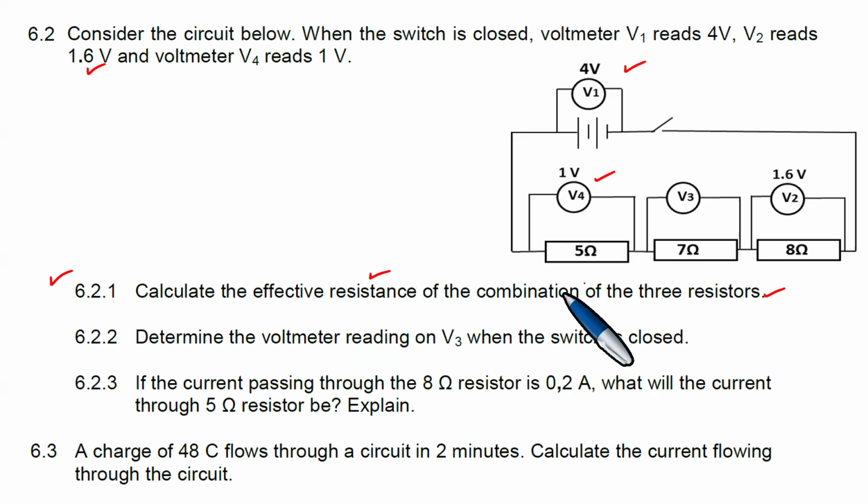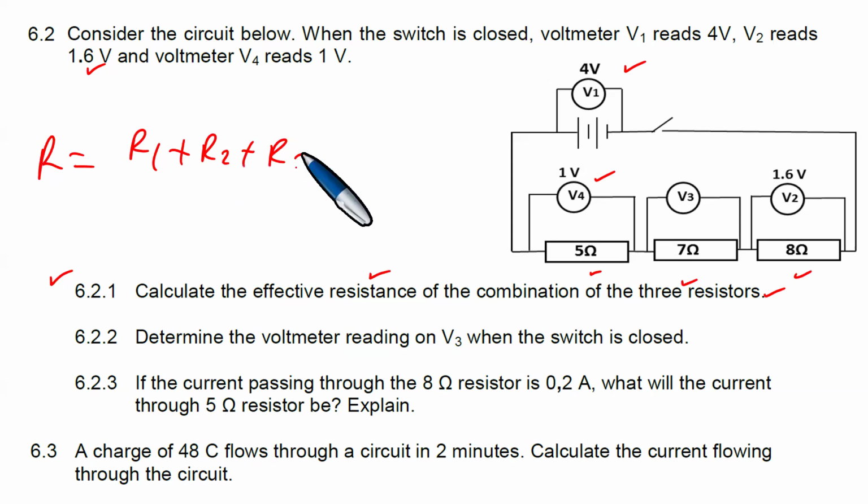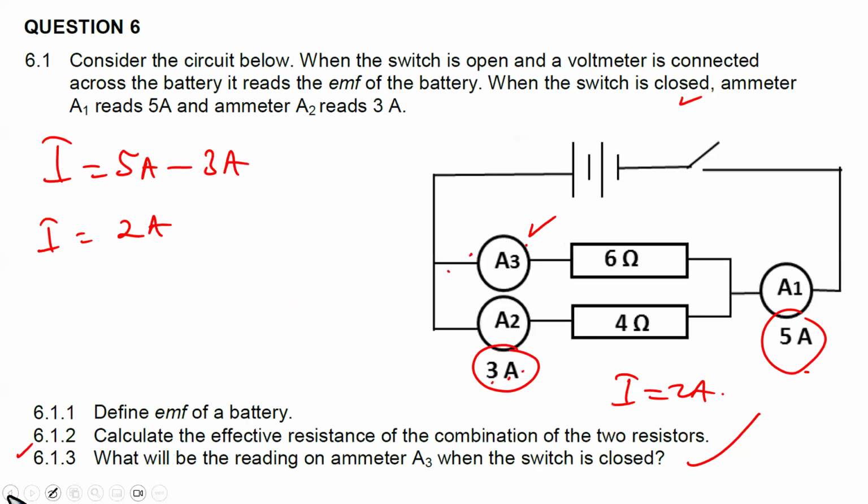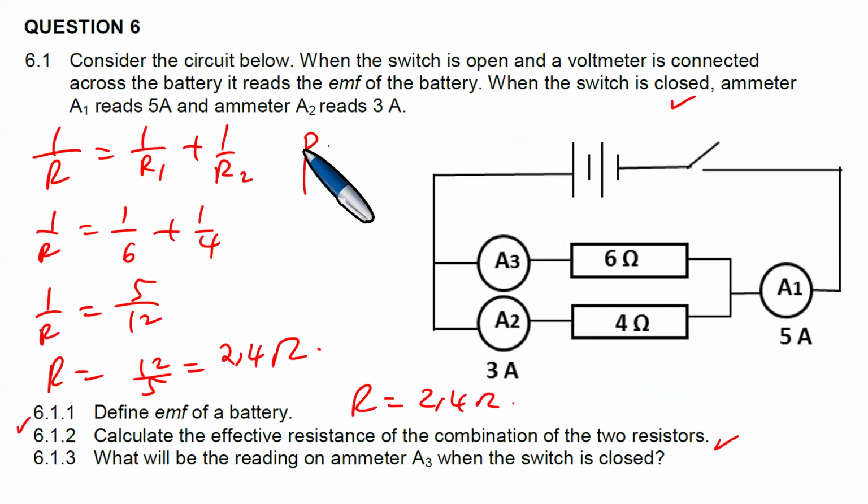So for the effective resistance, you're going to have this, that, and that. The effective resistance for 6.2.1 is going to be R1 plus R2 plus R3, because these are in series with each other. This is the formula we use for series combinations, and this is the formula that we use for parallel resistors.